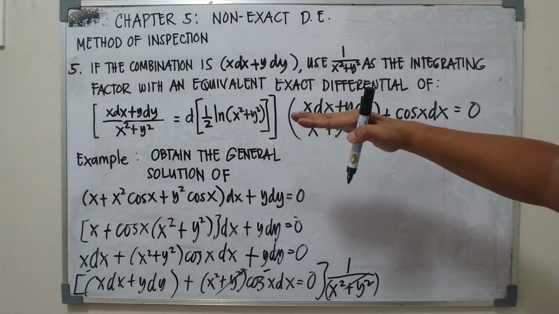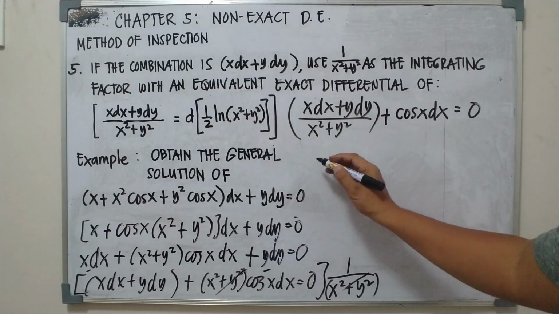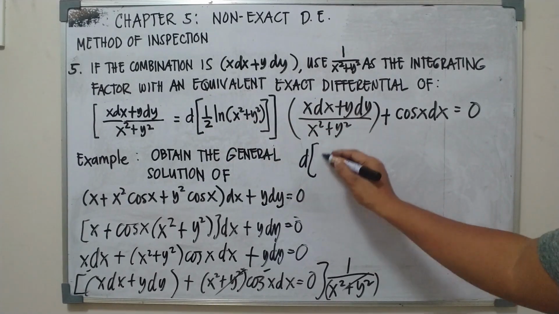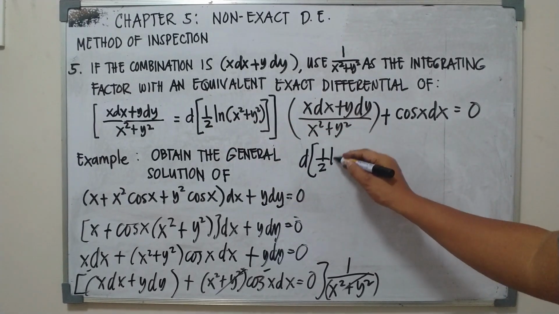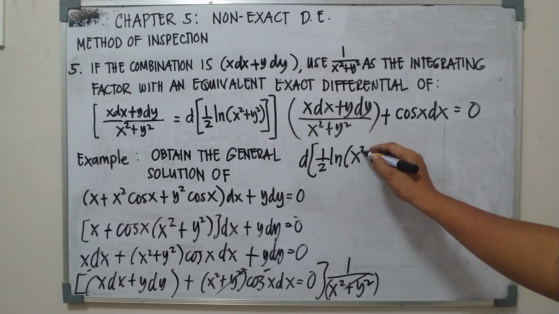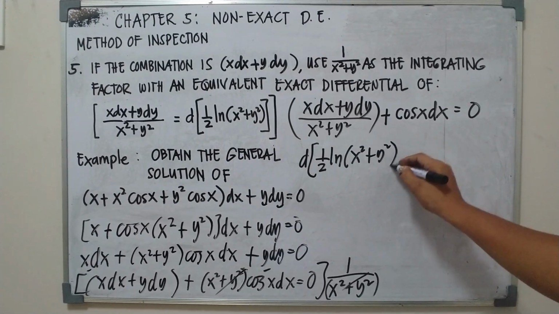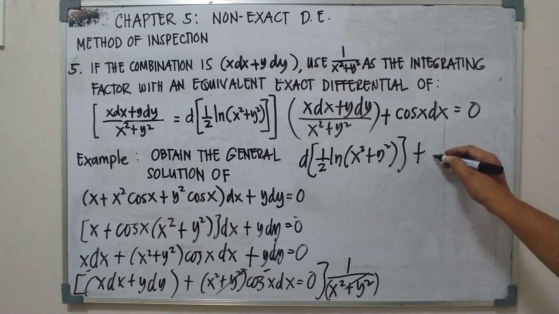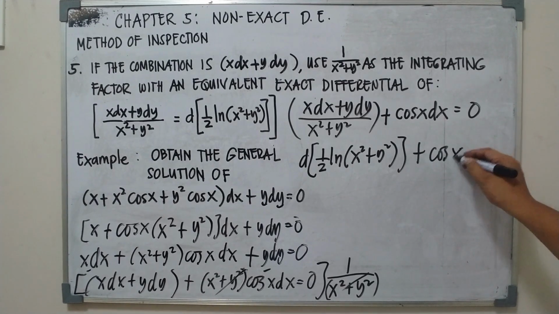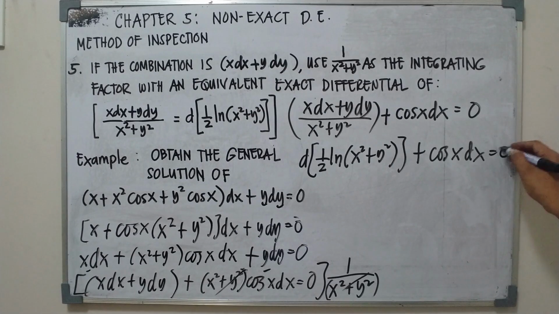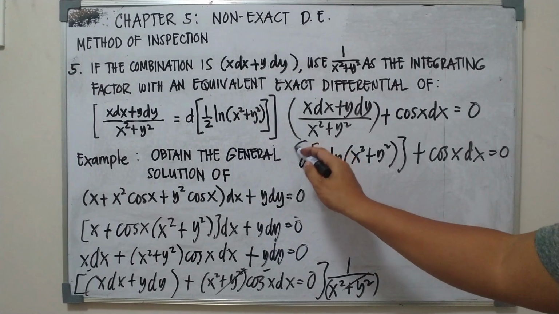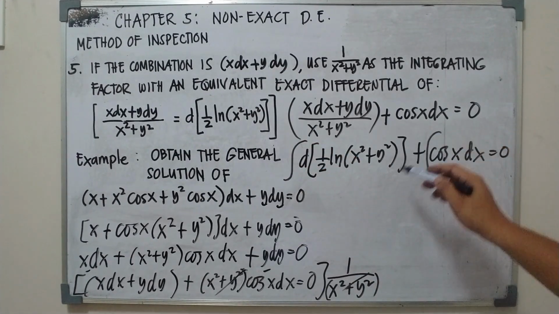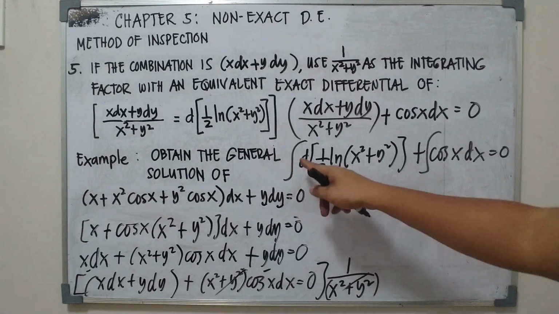So, ipalit mo na that this is equivalent to the differential of 1 over 2 ln of x squared plus y squared. Okay? Then plus cosine of x dx. And this is equals to 0. Then, proceed now sa integration. Do the integration. So, integration, tanggal mo lang yung d.